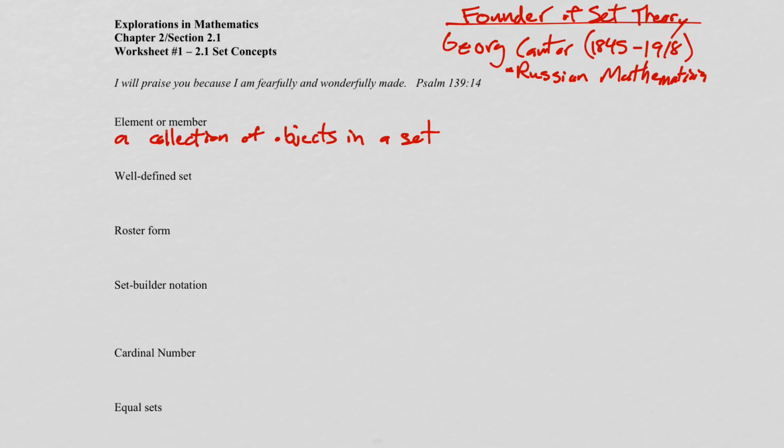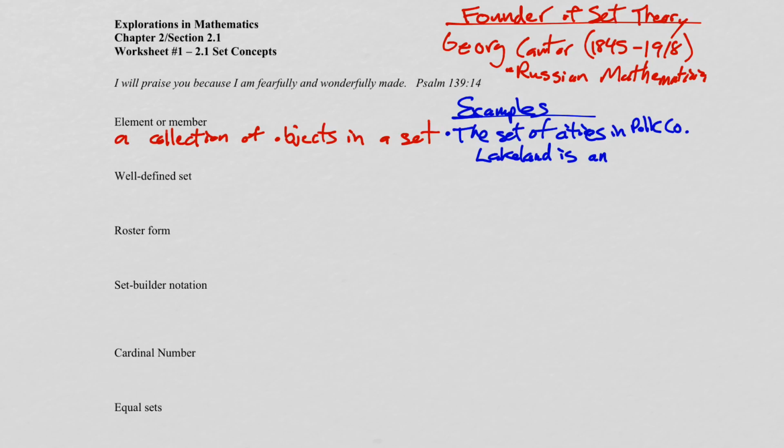Okay, so for example, we have the set of cities in Polk County, where Southeastern is located. Well, Lakeland will be an element of that set, or a member of that set.